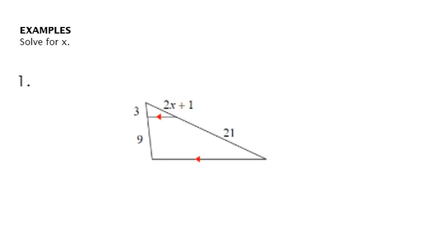So the first example, this would be one that typically we would do with similar triangles, but since the two sides that we're solving for are the non-parallel sides, I can do what's called the side splitter. So I can say that 3 over 9 is the same as 2x plus 1 over 21.